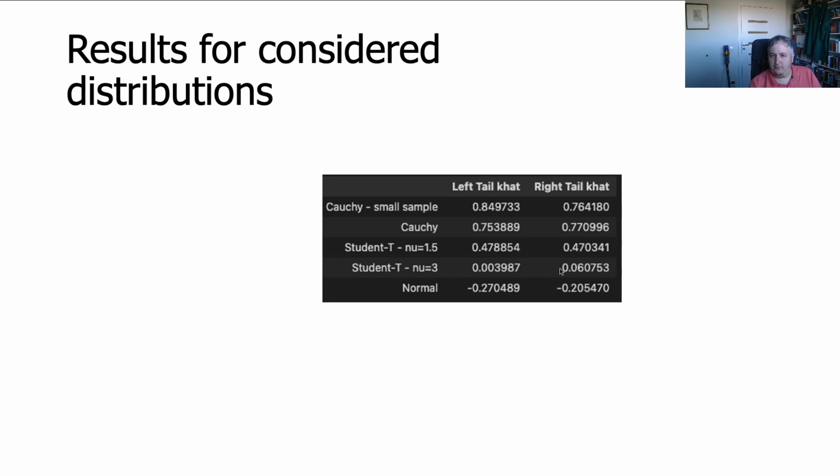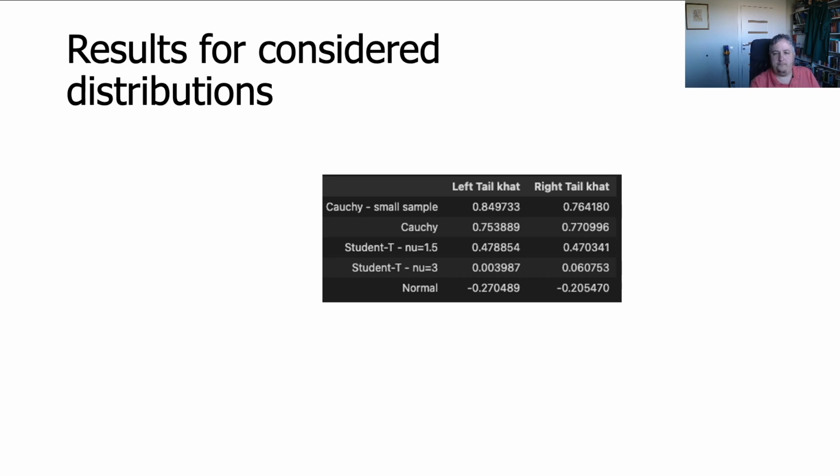And for our previous examples, we could see that for normal distribution there are no issues. There are even negative k hats. For student t-distribution with 3 degrees of freedom, there was also no issue. K hats were well below 0.1.